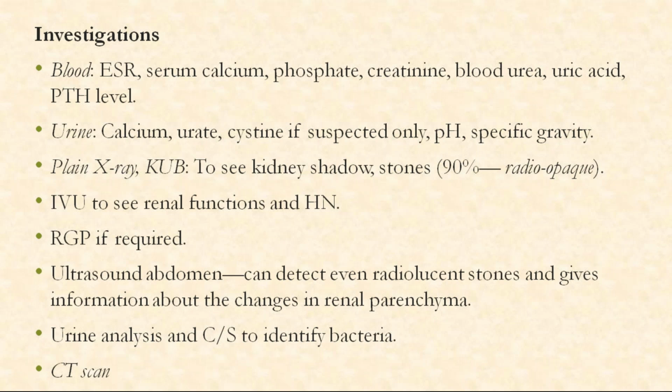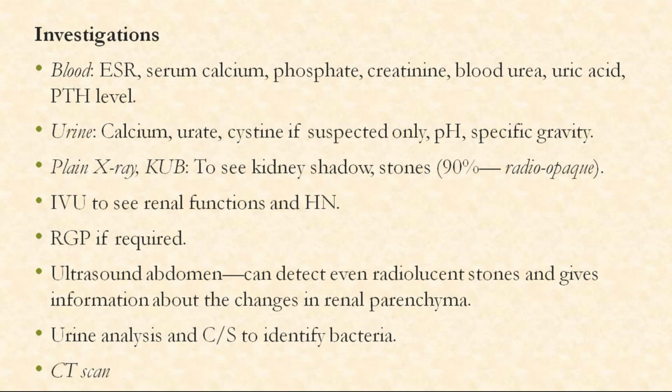So how do you investigate a renal calculus? First, blood culture and blood examination. ESR should be raised because of certain infections, staphylococcus, streptococcus, proteus infection. All these infections are more likely to increase the ESR.